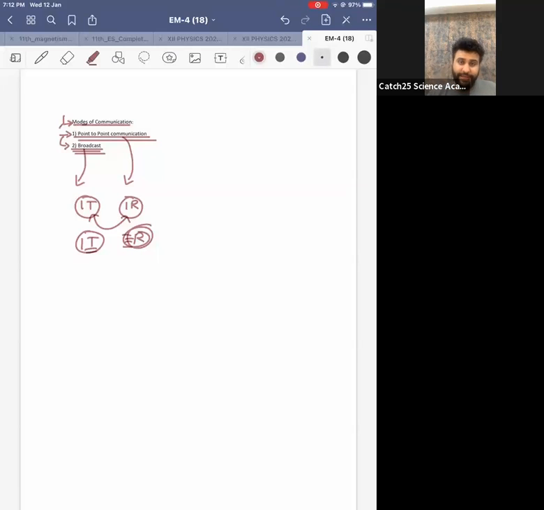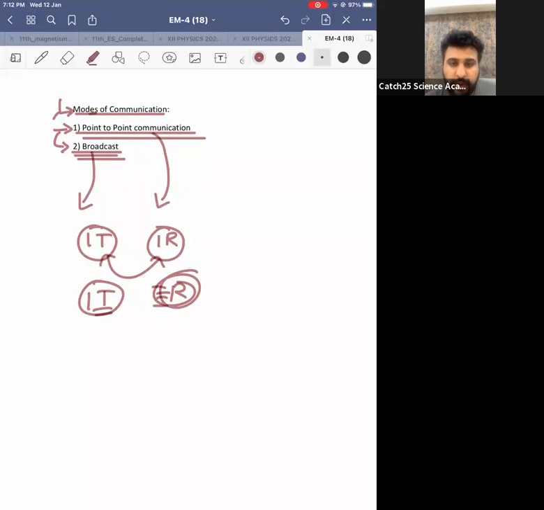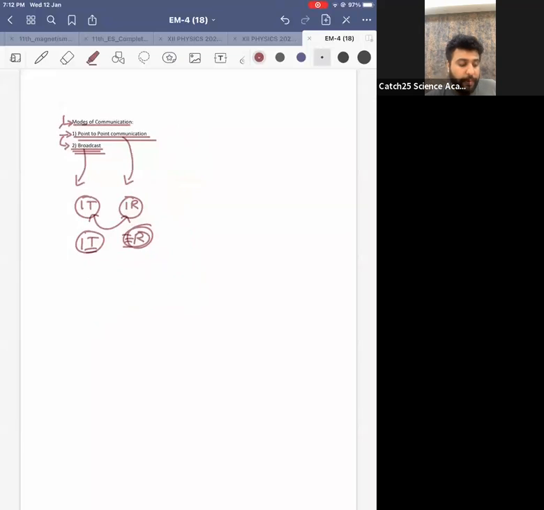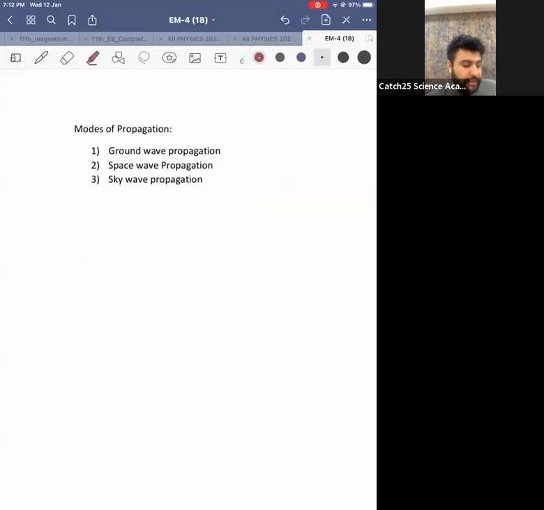Modes of propagation means how does the wave travel? Okay, how does the wave travel? So please don't get confused in the exam when they ask you the difference between mode of communication and mode of propagation. If they ask you mode of communication, the answer is point-to-point communication and broadcast communication. And if they ask you modes of propagation, this is the answer.